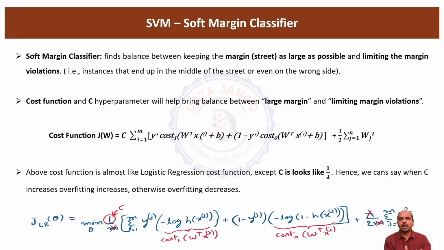That means the model will not work well on the train set itself, which means the model is underfitted. Margin violations should be controlled, they should not be maximal. At the same time, the margin should be maximal so that on test set and production, if any peculiar data points come, the decision boundary can handle it appropriately. So that is the purpose of soft margin classifier.